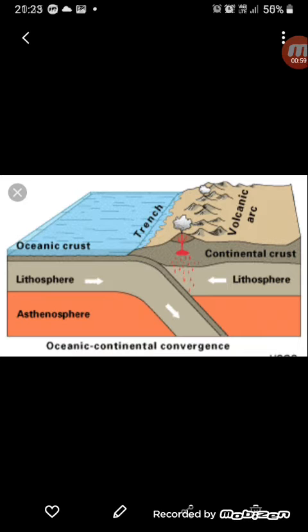The rock fragments over here are in a molten state in the asthenosphere, and whenever there's a rupture or a fracture on the continental crust, the magma starts coming out of that opening which is created on the crust, and it looks like a volcano. It is called a volcano. So it has to be linked with the magma chamber, which runs deep down into the asthenosphere.